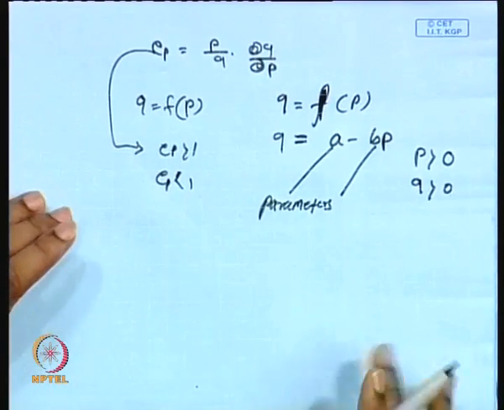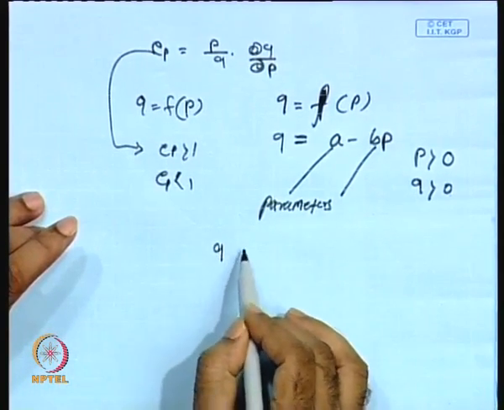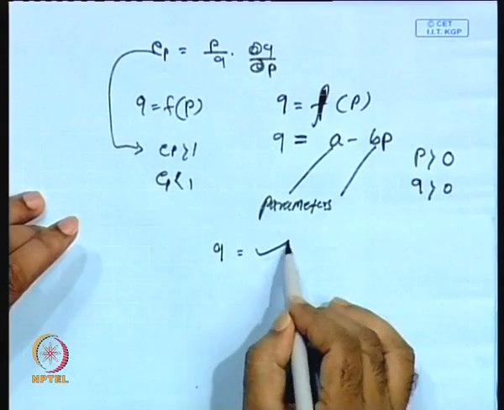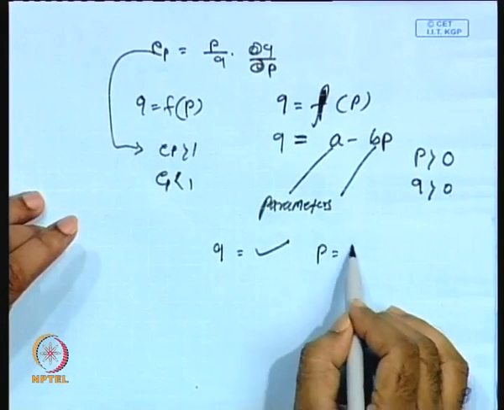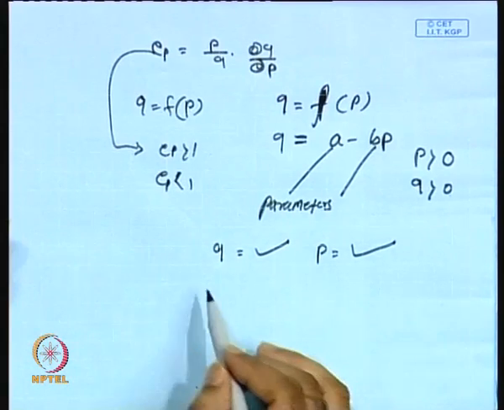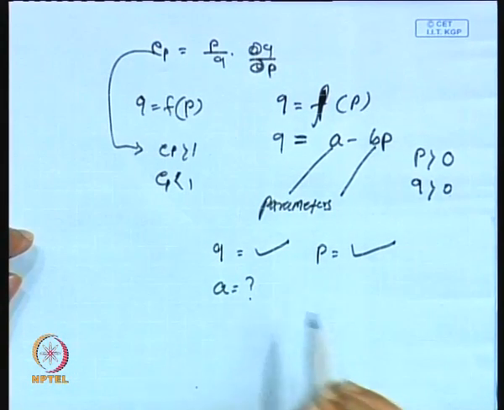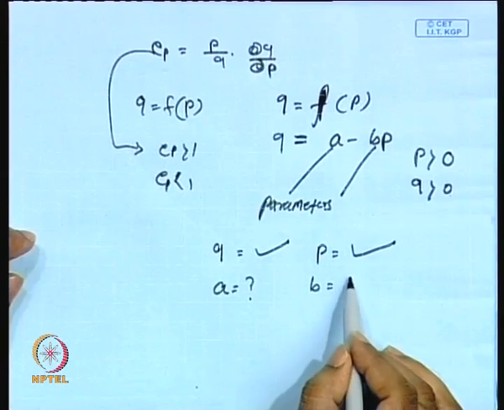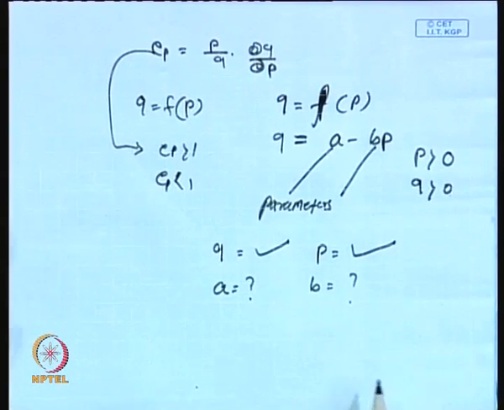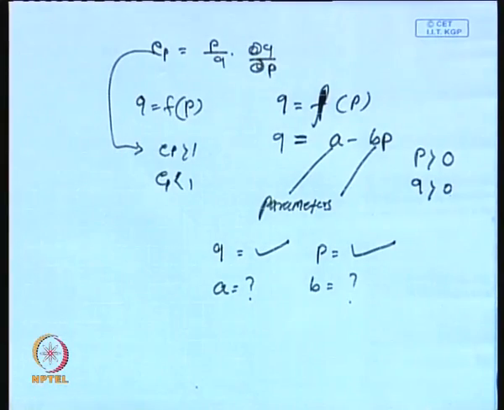For this particular problem, you must have Q information and P information, but you may not have a information or b information. So econometric modeling plays a role here. It plays a very classic role.